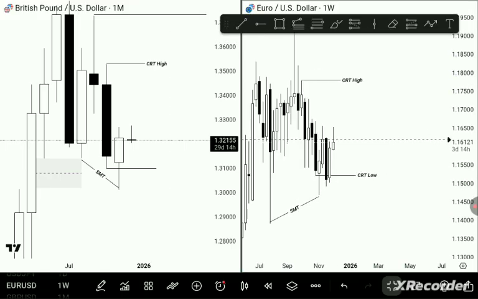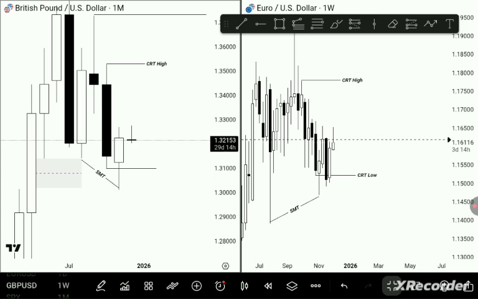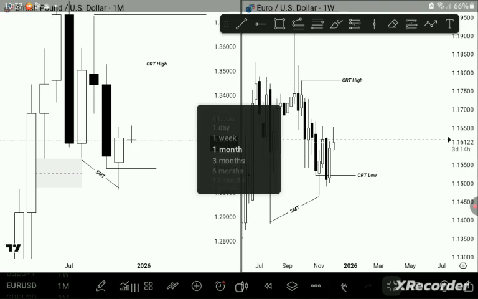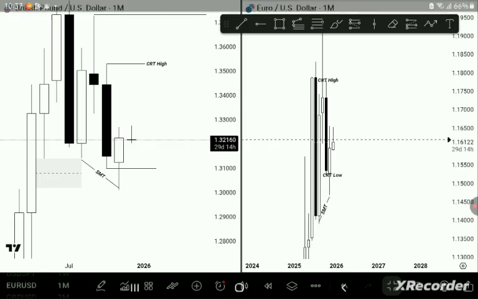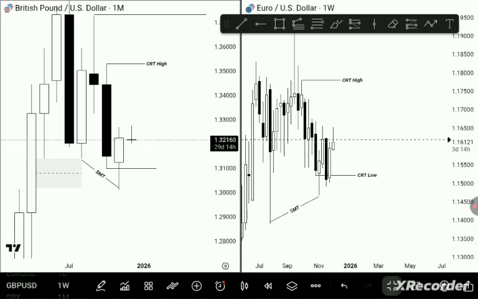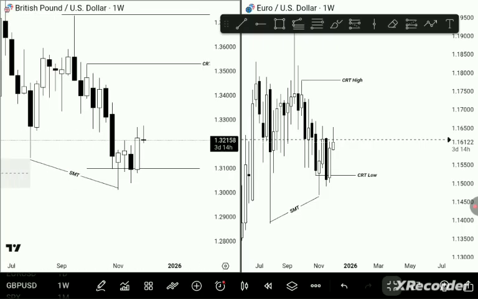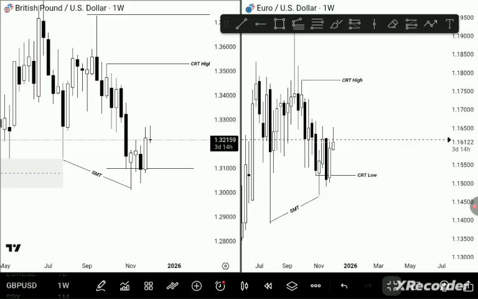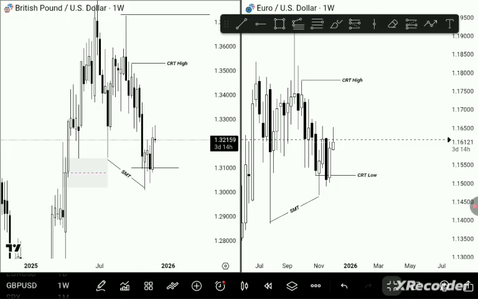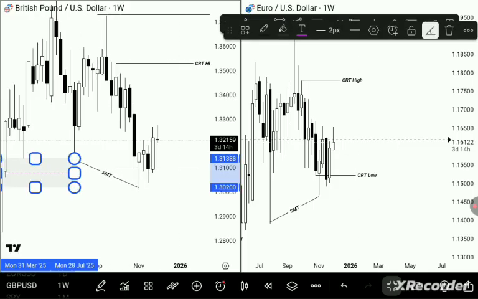So on the weekly time frame, the order flow on the weekly, how is it? Yeah, so on the weekly, we can see that we are coming off from a higher time frame key level, right?